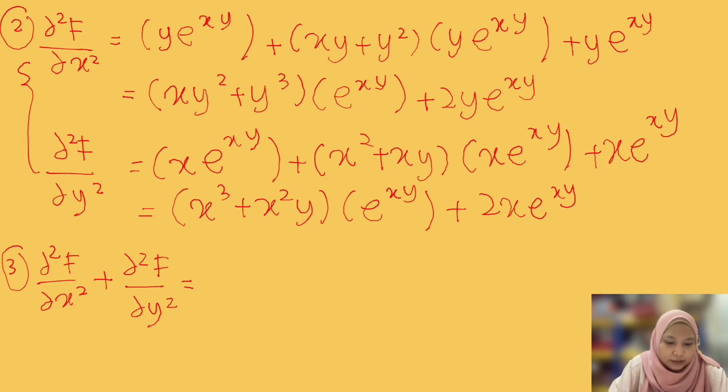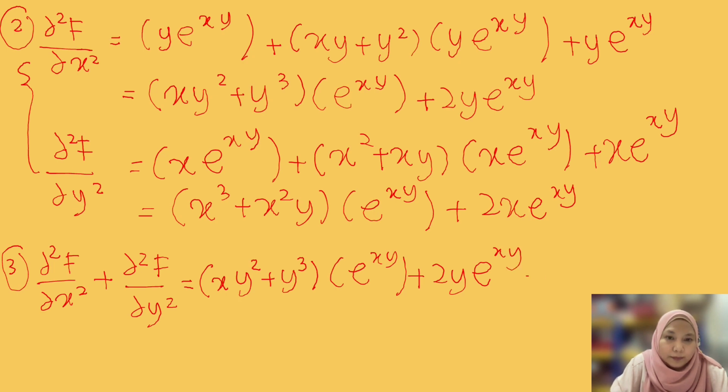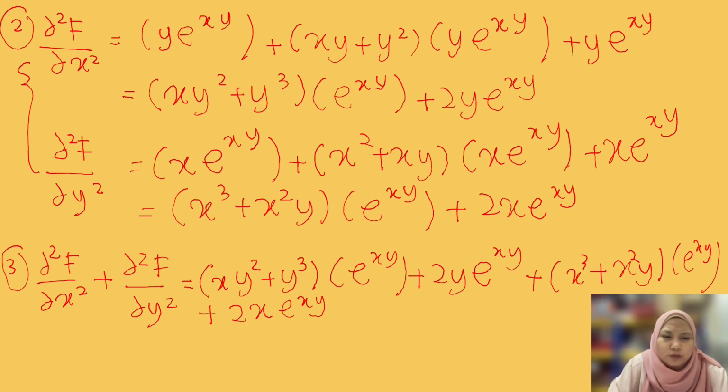Okay, so write down everything. First, xy squared plus y cubed exponent xy, plus 2y exponent xy, plus x cubed plus x squared y exponent xy. Another term, we have 2x exponent xy. So try to simplify and get the same form as the one given in the question.